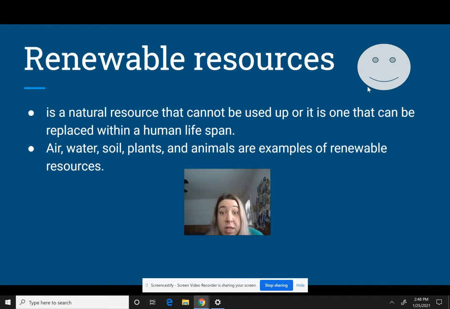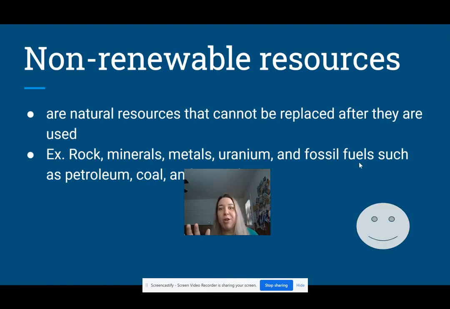Obviously, we use animals all the time for resources. So anything that can basically be replaced in a time frame that makes sense. So a human lifespan is the time frame. So if it can be replaced in that human lifespan, we're good. It's renewable.